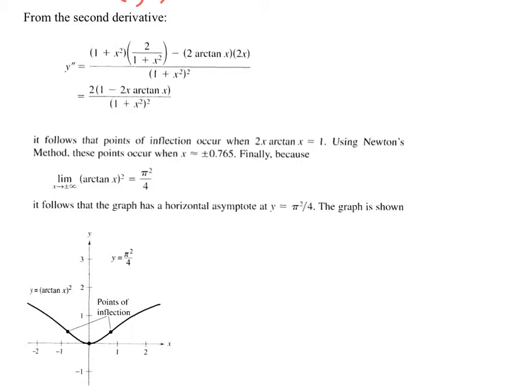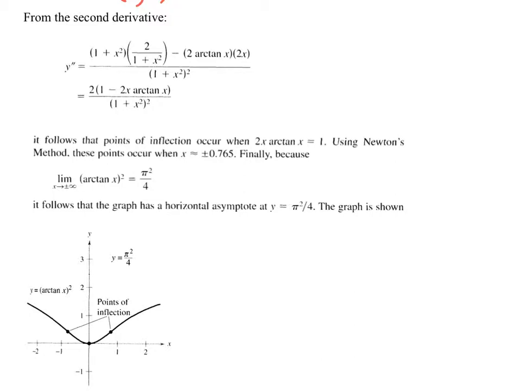And then we can also see where horizontal asymptotes might be. Because you know arctangent had horizontal asymptotes, it'd be helpful to check for them here. Our arctangent has horizontal asymptotes at y equals negative pi over 2 and pi over 2. Because our arctangent was squared, it's always going to be positive.